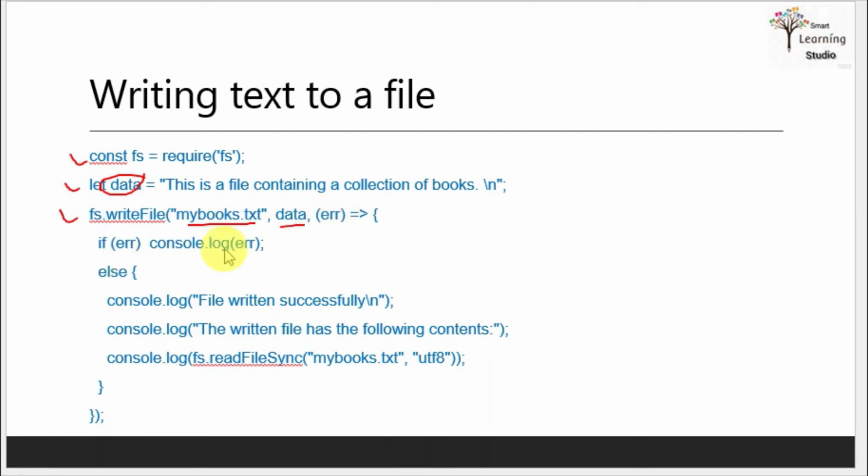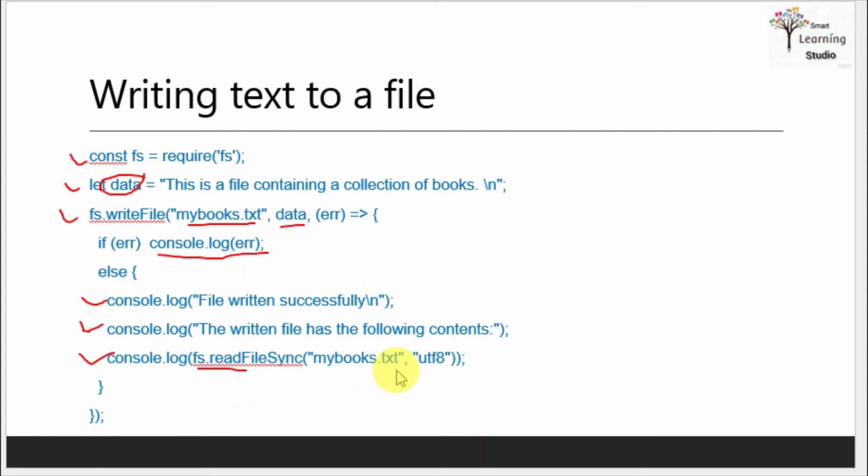If there is no error, it will show a message after successful writing: file written successfully, the written file has the following contents. And then finally we use the fs library again with the function readFileSync mybooks.txt. So this is how, overall, a simple program writes text into a file and then views it.